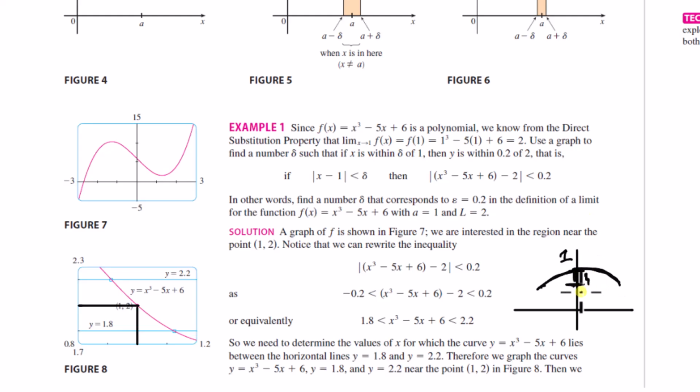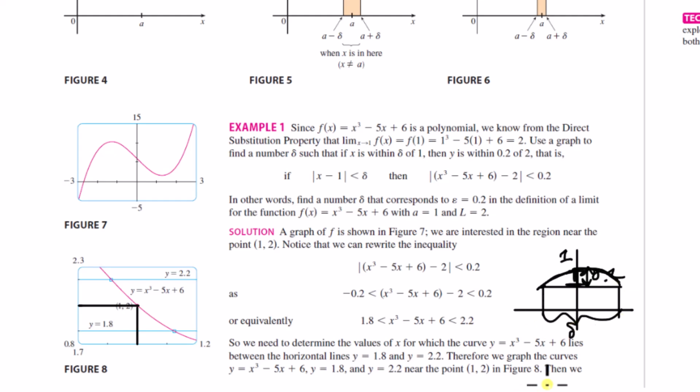But if the epsilon is fixed, if this was 0.2, you would be asked, okay, what is this delta here? If that's 0.2, then what is this delta, is what you would be asked.